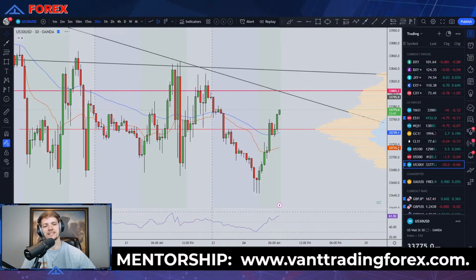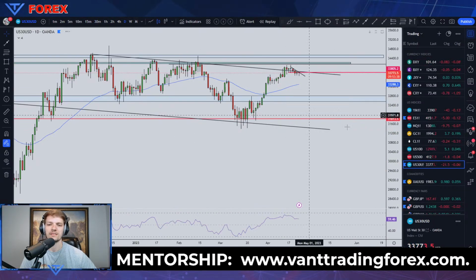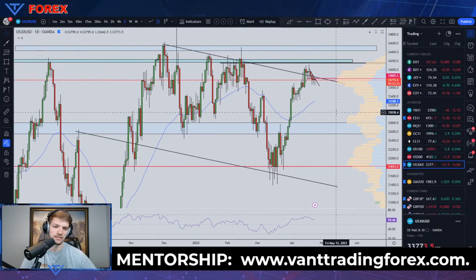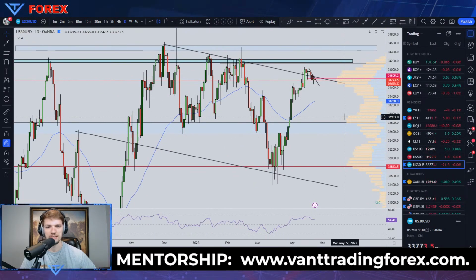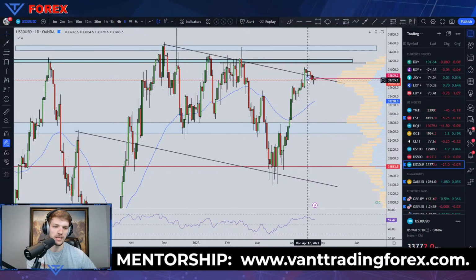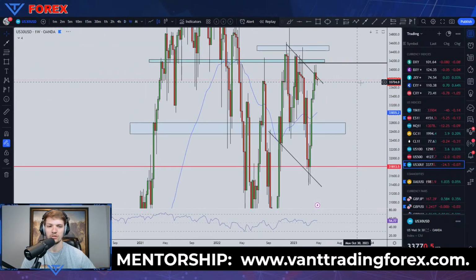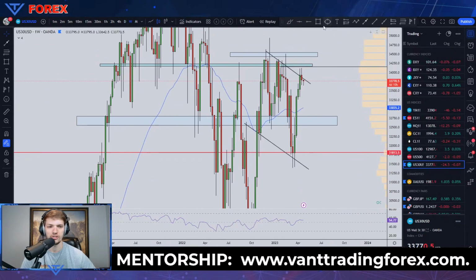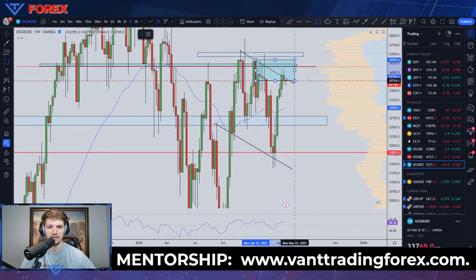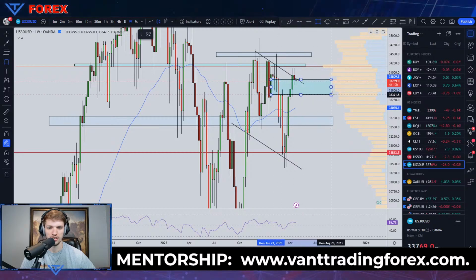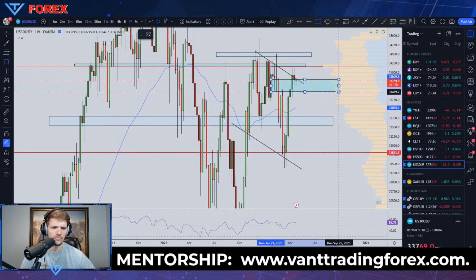Taking a look at the indices. So this is a tough one, right? Because it's really going to depend on what the sentiment is out there right now. Looking at overall structure, starting with the weekly chart, we closed bearish last week, right at this area where we've seen a lot of bearish rejection prior. However, you do see a lot of bearish, or I guess bullish rejection here as well, on the downside.